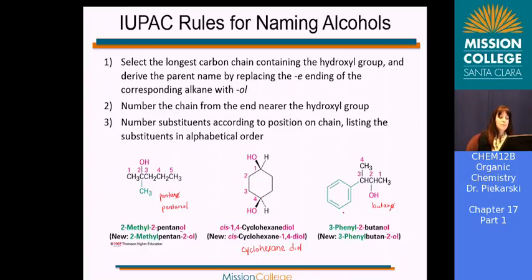And remember, if benzene is a substituent that's directly attached to the longest carbon chain, or the highest priority group there, then we refer to it as a phenyl group. So this is a 3-phenyl-2-butanol. Or, what I prefer is 3-phenyl-butan-2-ol, having the number directly in front of the suffix ending. Okay?